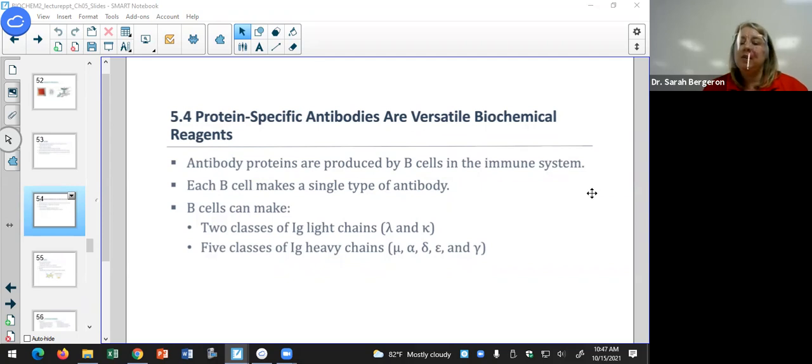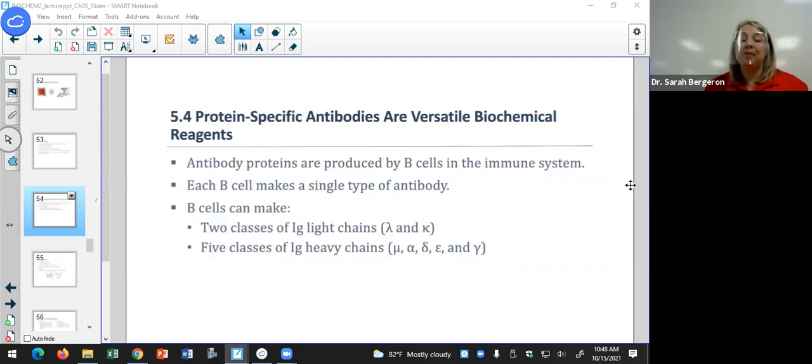What's really cool about your immune system is that every single B cell makes a particular type of antibody. If you want antibodies to coronavirus, the flu, whatever it is, each individual B cell only makes one kind of antibody. Do you only have one type of B cell in your body? No, you have a ton.